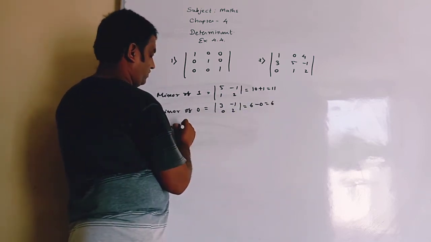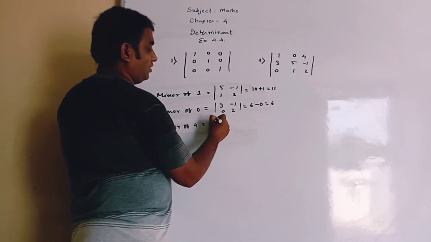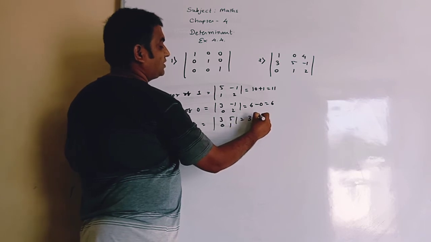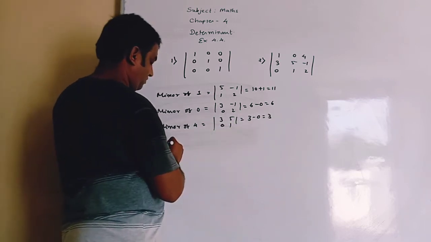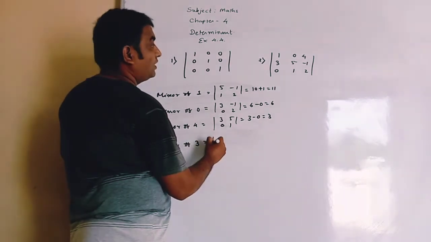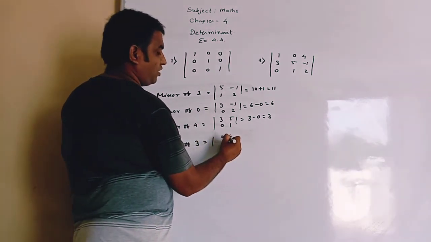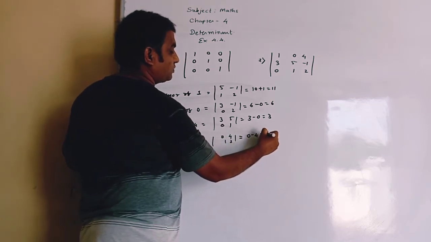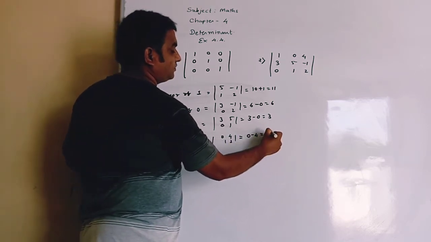Minor of 4, 3 5 0 1, so 3 minus 0, so 3. Minor of 3, that is 0 4 1 2, and so 0 minus 4, that is minus 4.